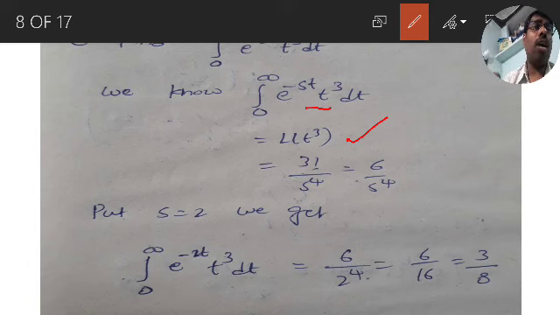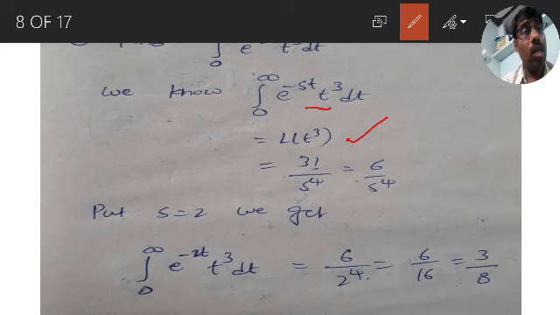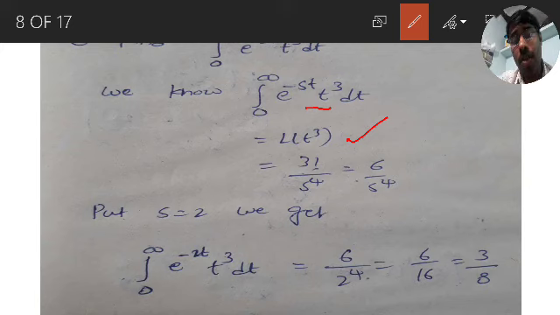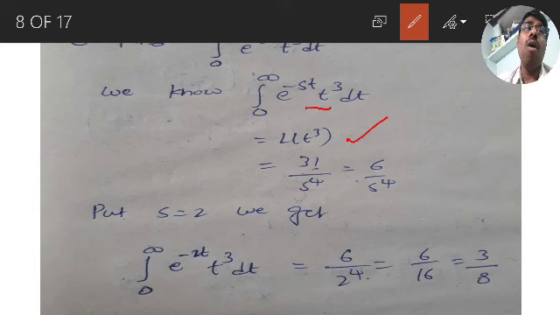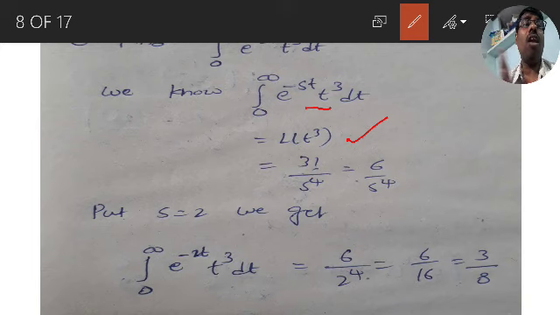Now use the standard formula. In every concept, in every method, we are using the standard formulas. That's why I am repeatedly telling you in every video lesson that you should learn all the 8 standard formulae: L of K, L of e to the power of it, L of e to the power of minus it, L of sin it, L of cos it, L of t to the power of n.